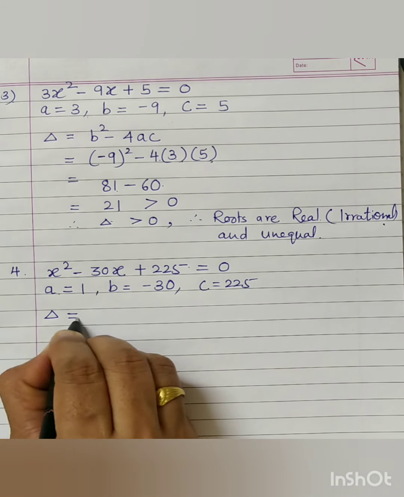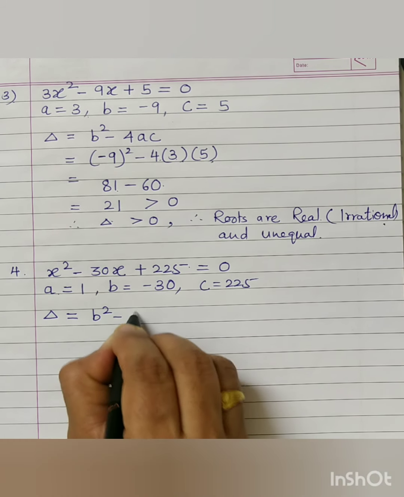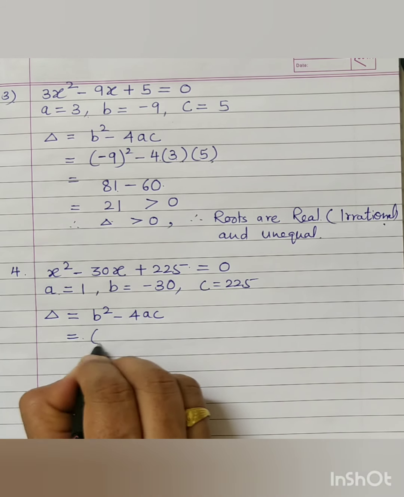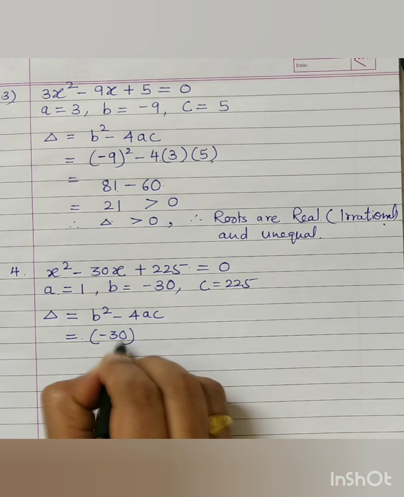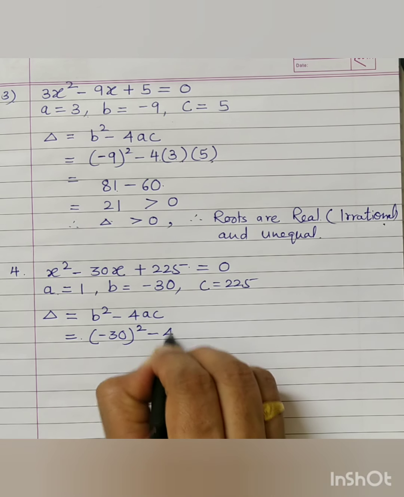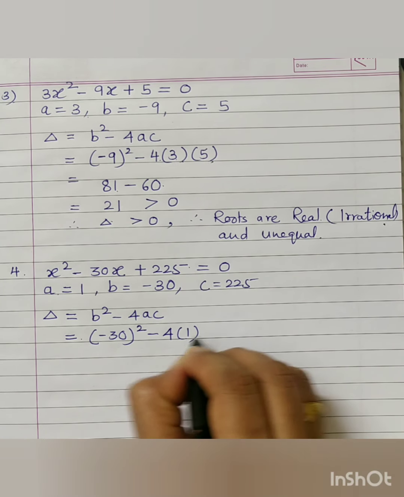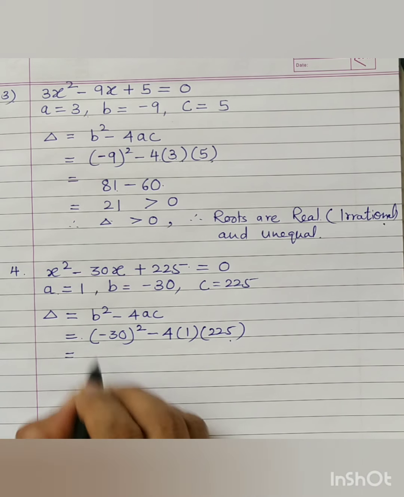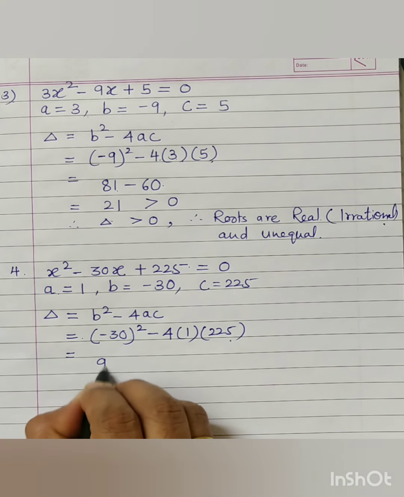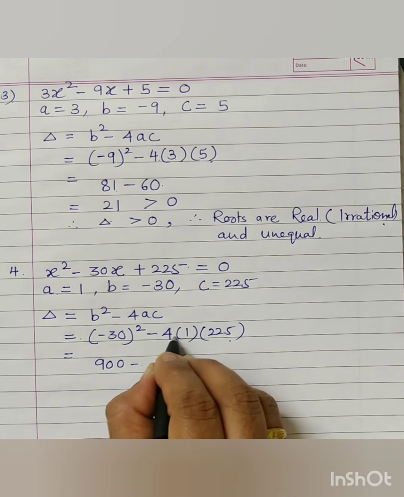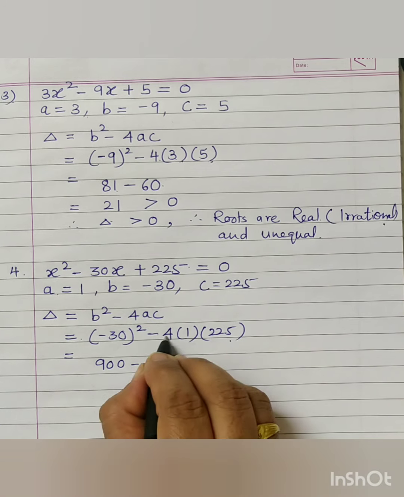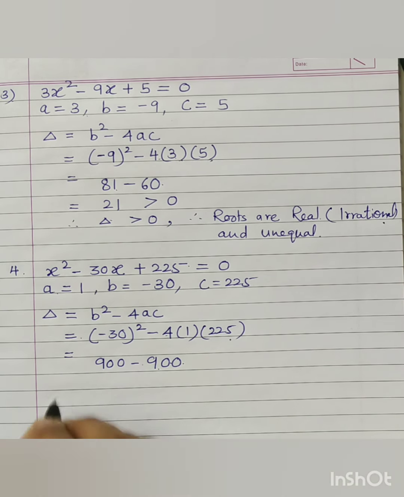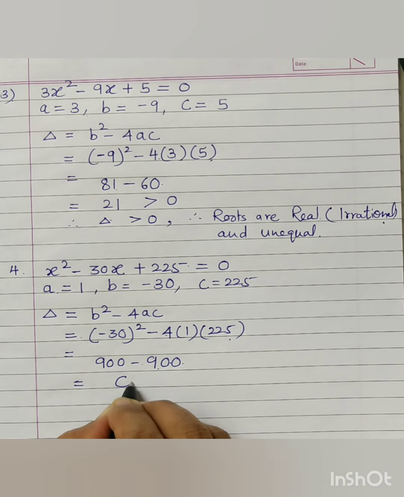What are we finding? Delta. What is that? b square minus 4ac. So minus 30 square minus 4 into 1 into c, that is 225. Minus 30 square, you know what it is? 900. Minus 4 into 225 is 900. What is the answer? 0.